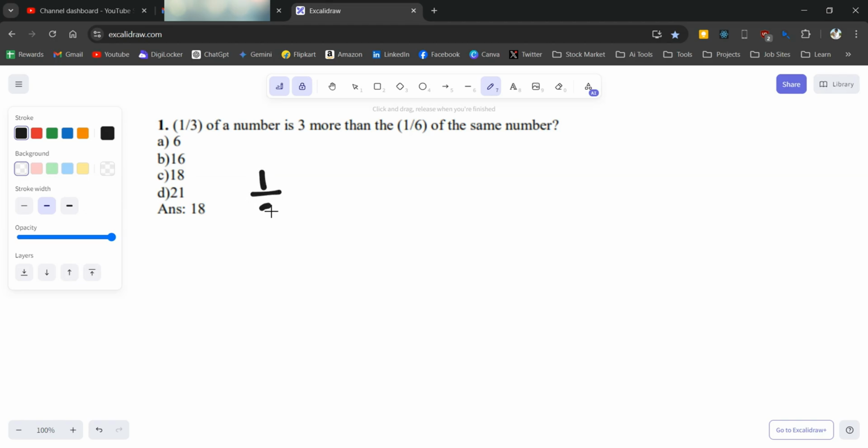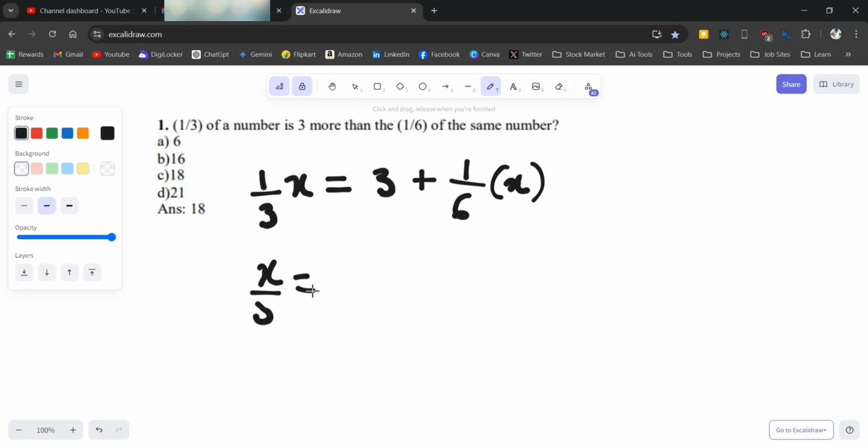So 1 by 3 of a number is equal to 3 more than, that is 3 plus 1 by 6 of the same number, that is x. So we just have to solve this equation. So this becomes x by 3 equals 3 plus x by 6.